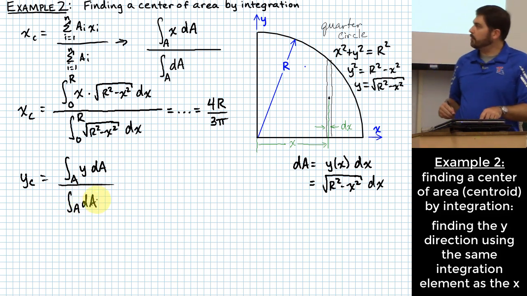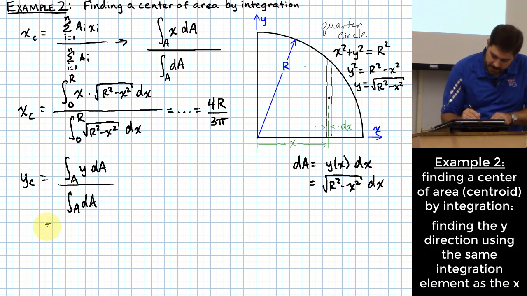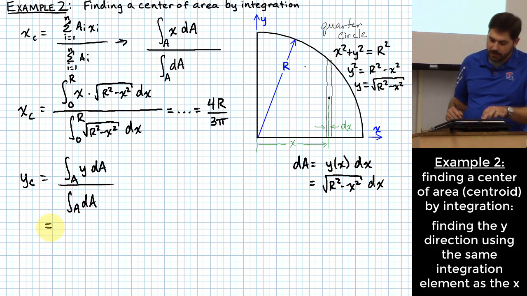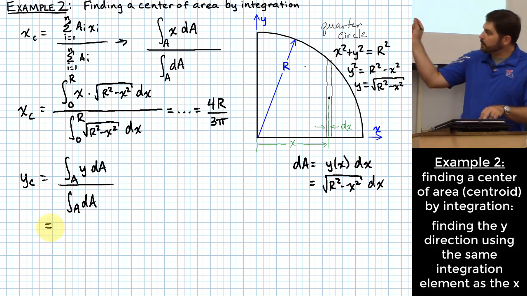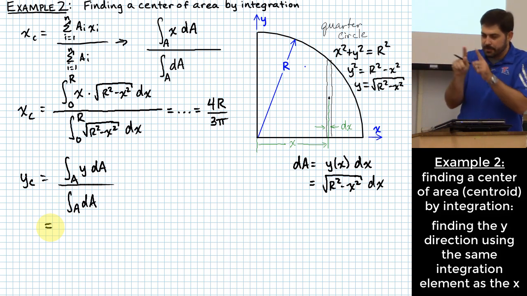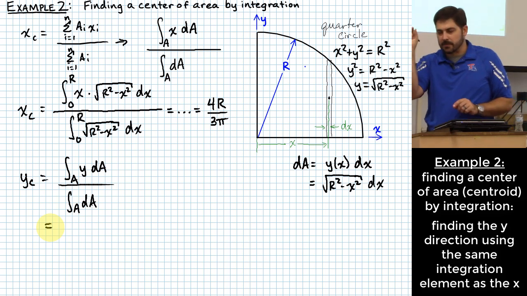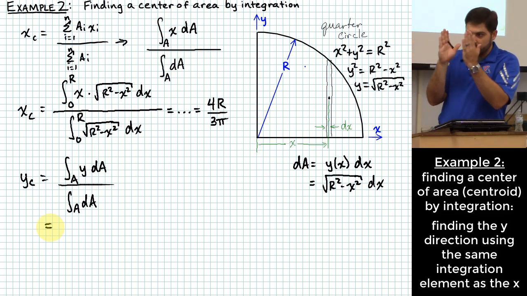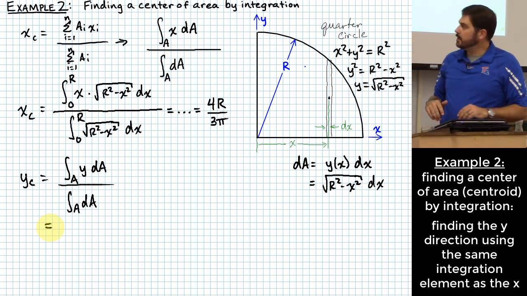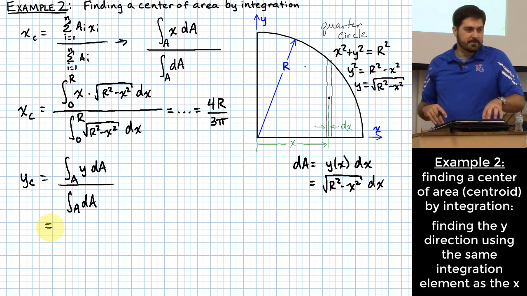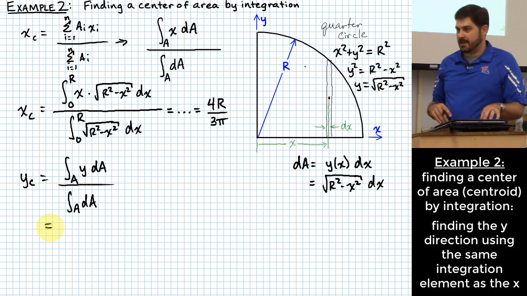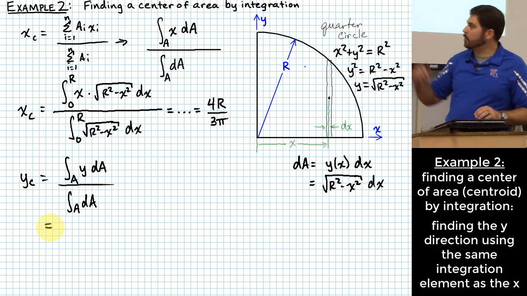And so when we get ready to actually populate this equation with our real things, if we've split this up according to little differential elements in the x, in other words, where our little infinitesimally small size is in the x direction, then we probably want to make all of our variables expressed with respect to x instead of y. So we don't want to just leave a y in there.